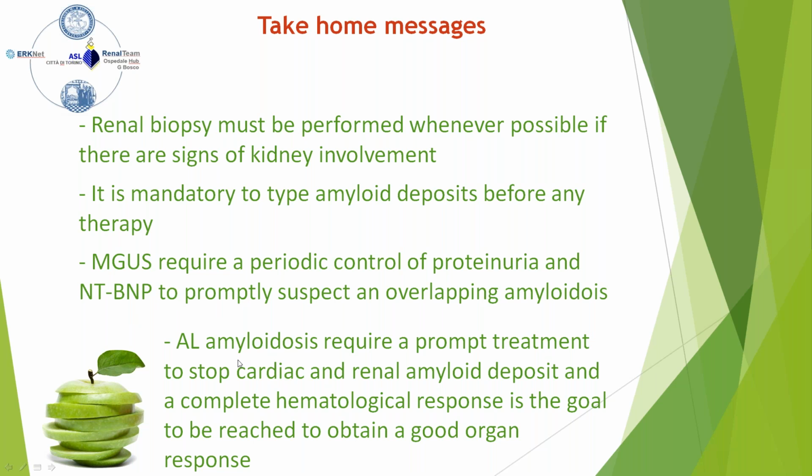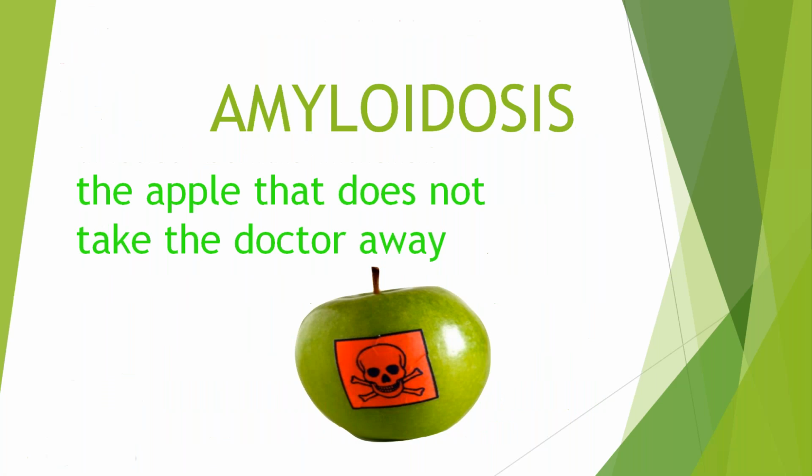And finally, AL amyloidosis is a form that requires prompt treatment to stop the deposition of amyloid fibers in the heart and in the kidney, and you have to try to reach a complete hematological response if you want to obtain a good organ response.